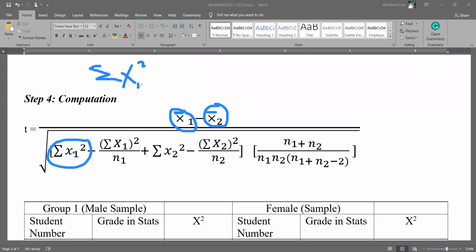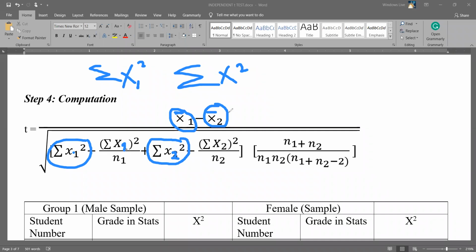The 1 beneath is just telling you that it is for group 1, and the 2 beneath here is telling you that it is for group 2. So you're supposed to find sigma x squared for group 1 and group 2. Anytime you see 1 beneath any of these notations, it is for group 1, or for group 2.